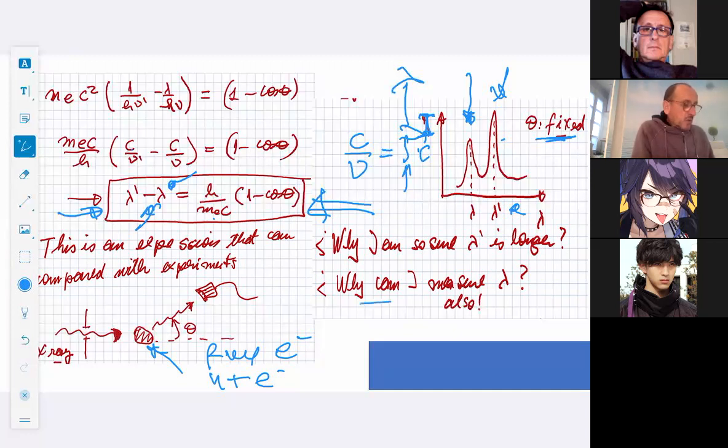And the other question is, why can I measure also lambda at this particular angle? If the target was a soup of free electrons, I would only see that peak. I would see nothing else. But there's no such thing as a soup of free electrons, because if you have a soup of free electrons, it will last a millisecond there, because they see, oh, we all have the same charge.